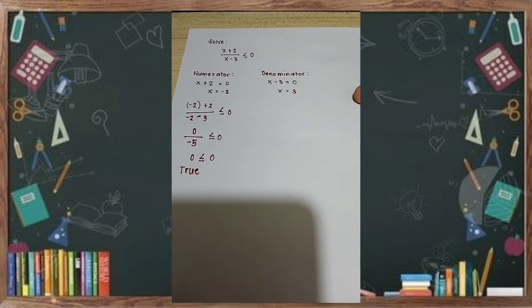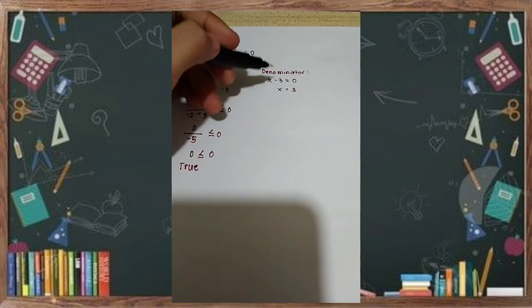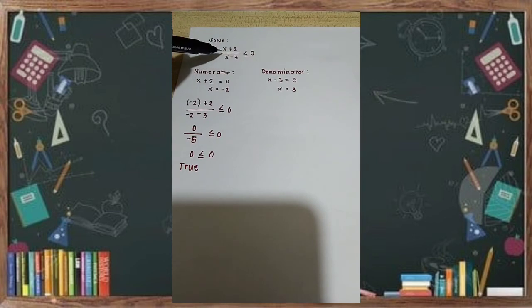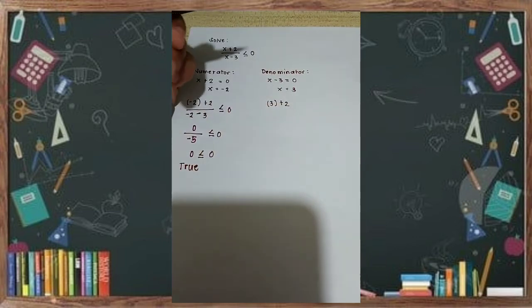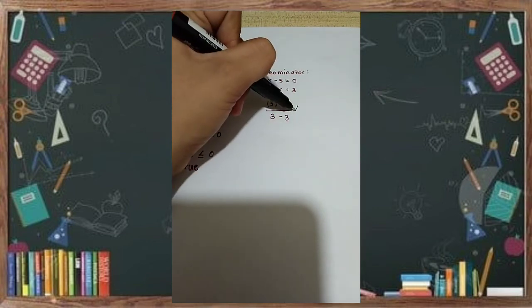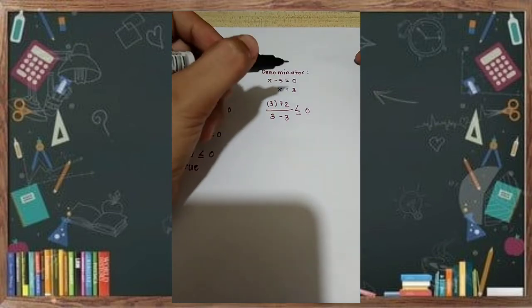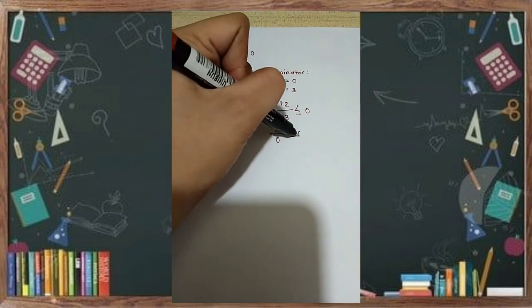Next. Punta naman tayo sa denominator. Okay? So, let's test if the value of x here is a solution in our inequality. Okay? So, (3 plus 2)/(3 minus 3) is less than or equal to 0. So, 3 plus 2 ay equal to 5 over 3 minus 3 ay equals 0, is less than or equal to 0.